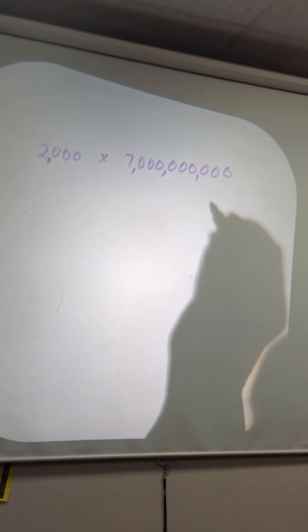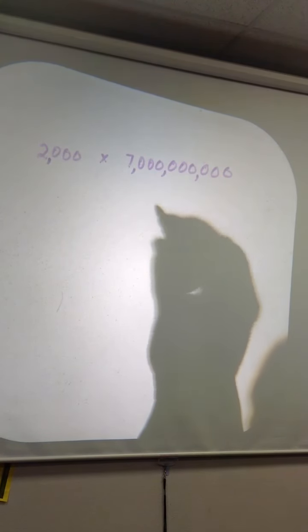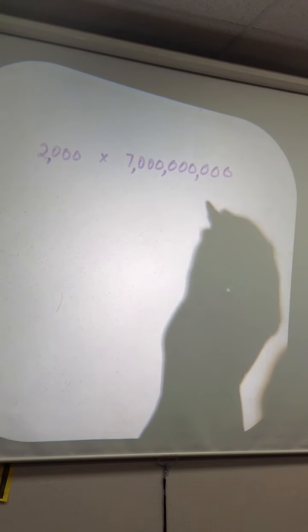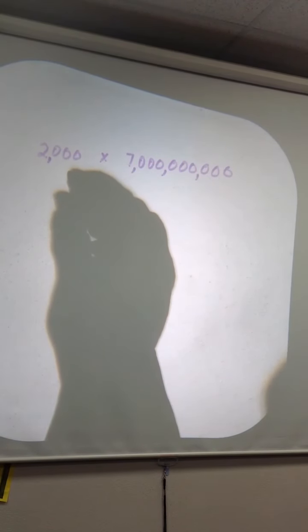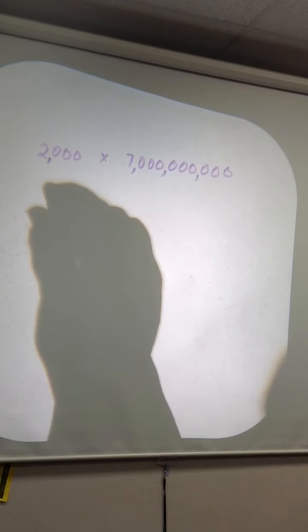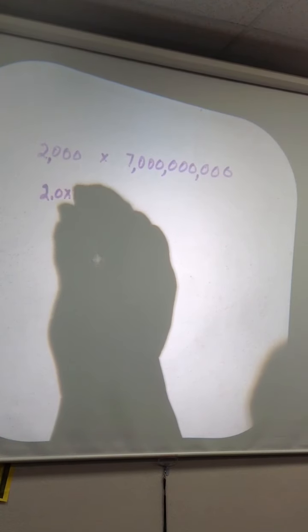Now, we've talked in the past about how to multiply with powers of 10. So if we could make this number a number with powers of 10, then it shouldn't be so bad, okay? So what would this number be in scientific notation, which is powers of 10? 2.0 times 10 to the what power?